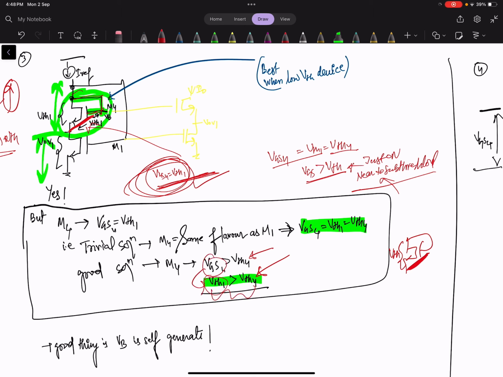In that case, VTH4 means that this device should be a low VT flavor device, then only it will work well, or it will be completely on. So yes, we can use this, but the problem is the VGS requirement is near to the threshold voltage.